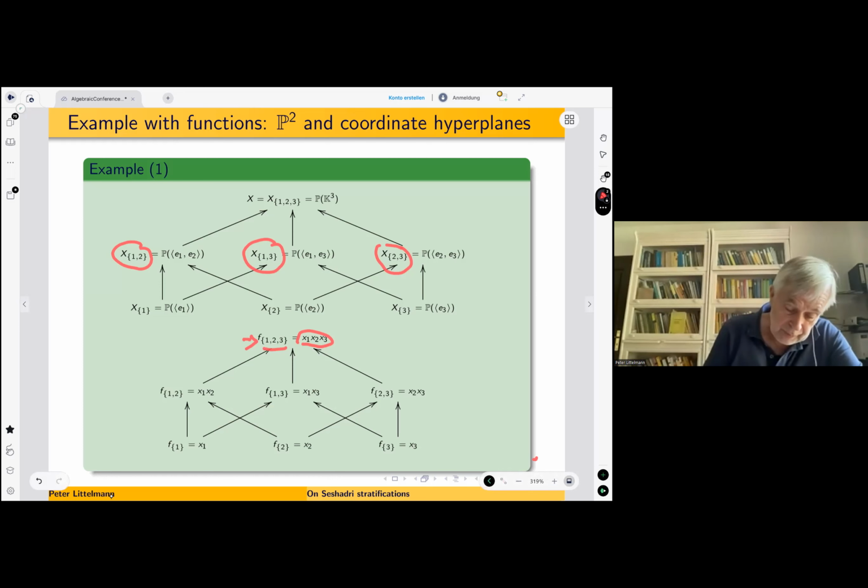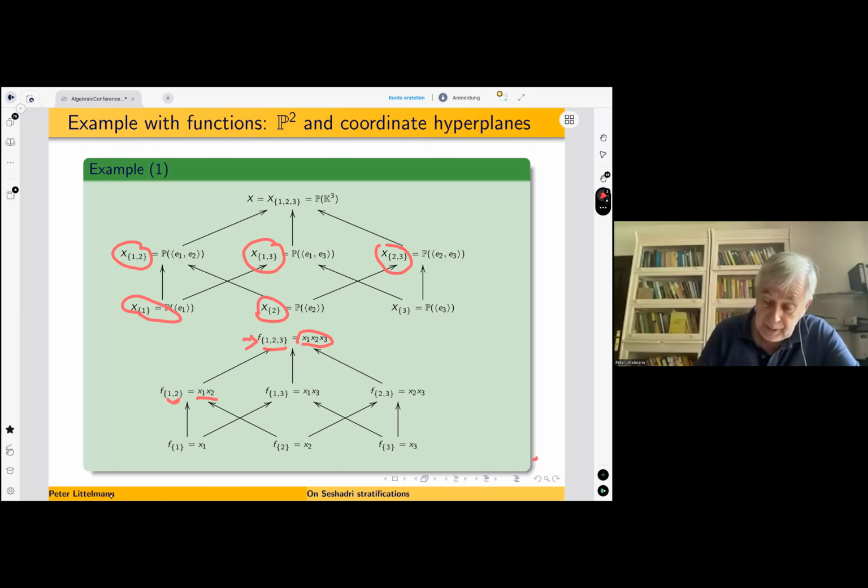And if we look here at F1,2, then the function is X1X2. And we see again, the zero set of this is either X2 is 0, then we get this one, or X1 is 0, then we get this one. So again, the vanishing set is exactly the union of these two divisors, but we also have this compatibility condition with elements which are not compatible.